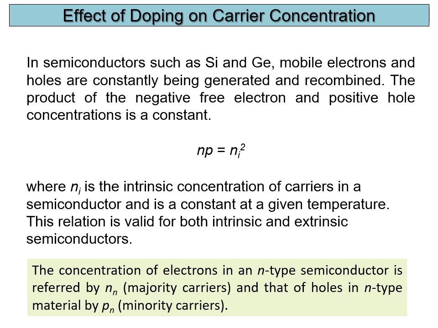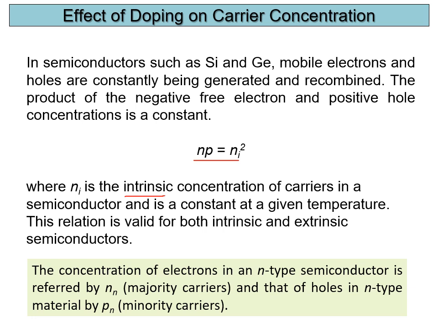By using this formula, we can calculate the charge carrier: np equals ni squared, where ni is the intrinsic concentration of carriers in a semiconductor, a constant at a given temperature. This relation is valid for both intrinsic and extrinsic semiconductors.